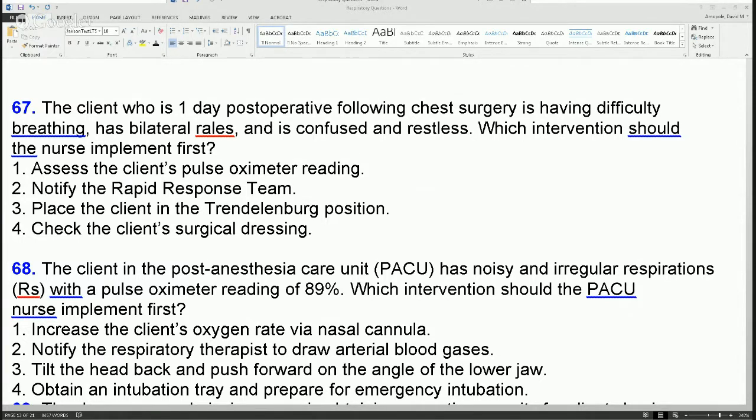See, here again, this is one of those things where you're going to do all of these things. Having difficulty breathing, assess their pulse ox. Bilateral rales, confused and restless.